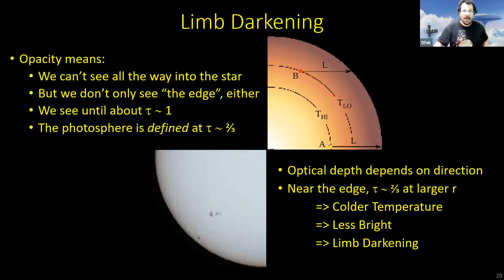And if we want to take a more exact number, we define the photosphere, that is the outer part of the sun from which we can see photons, to reach all the way to tau equals 2/3. Why 2/3? Because e to the minus 2/3 is about 50%.